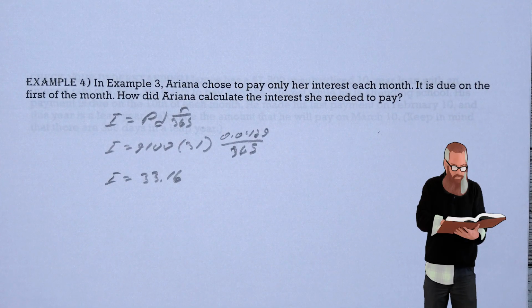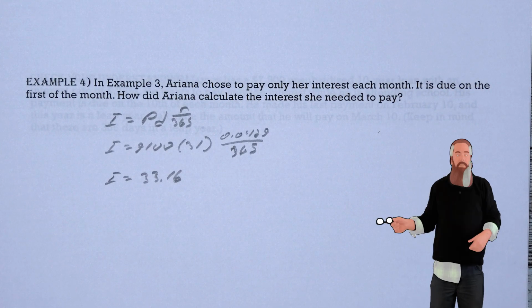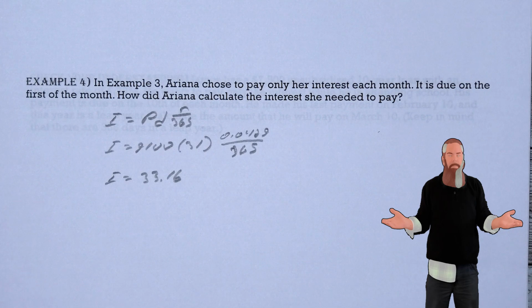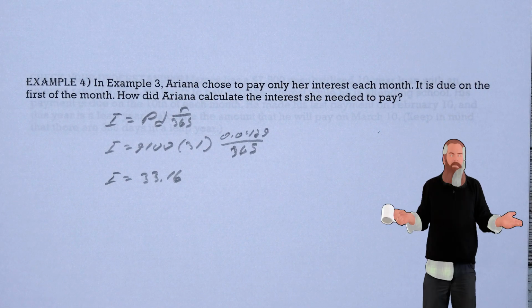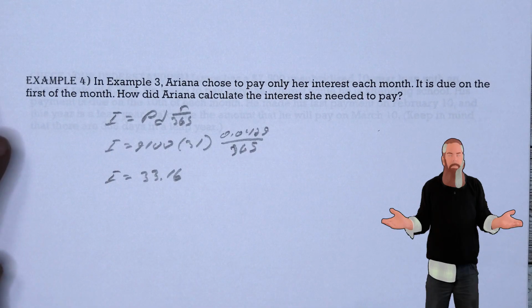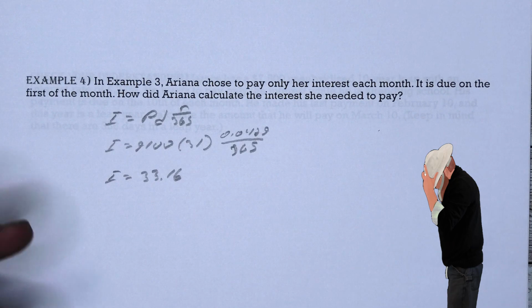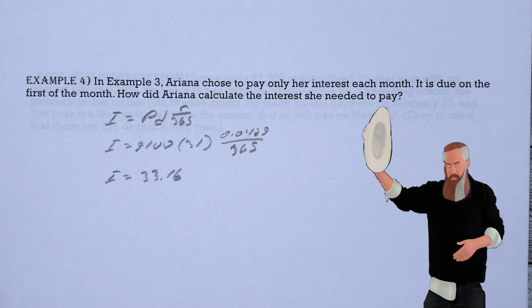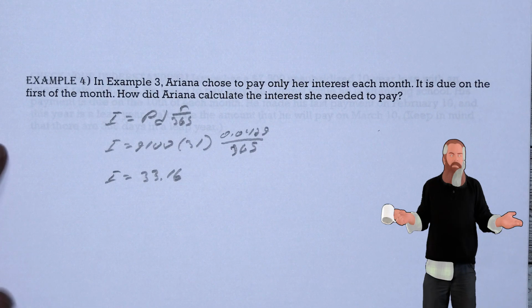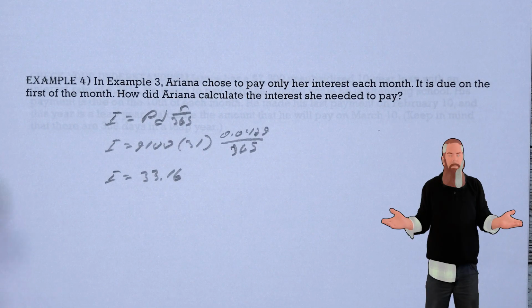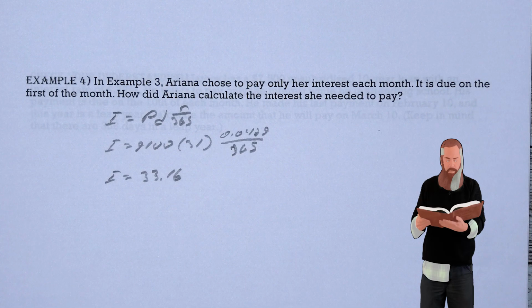Note that Ariana can also use the simplified daily interest formula to calculate the daily interest amount using D as 365, or 366 in a leap year. Notice that the simplified daily interest formula becomes the simple interest formula that we learned in a previous lesson if our number of days is 365. This would be the simple interest formula when the year is 1.